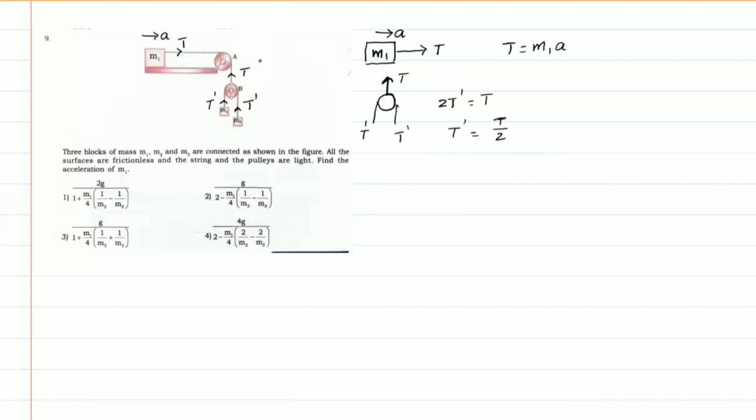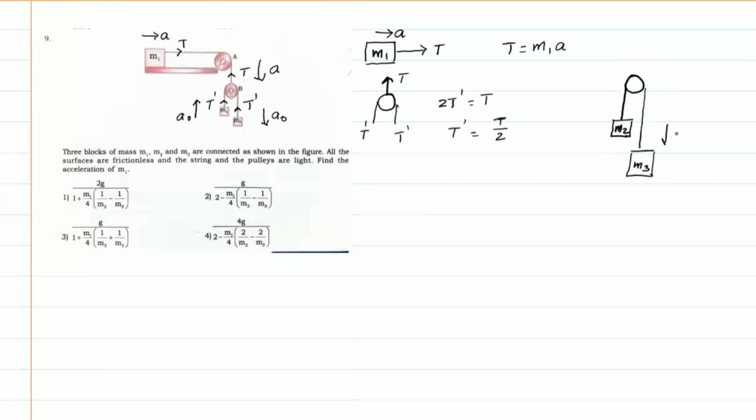Now the total system will be moving downwards with the acceleration A. Yes or no? So this side is also the same. So m2 block is moving with a naught and m3 is moving with a naught only because of the same string. So now I am going to draw the free body diagram of both the blocks. So this block is m2 and another block is m3.